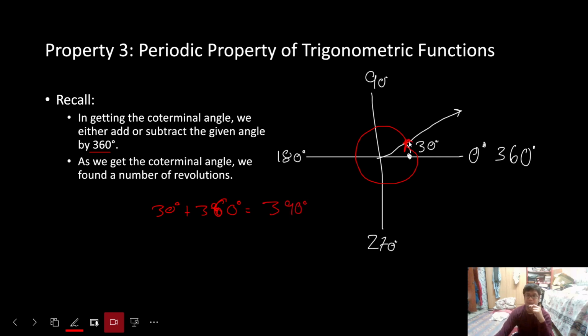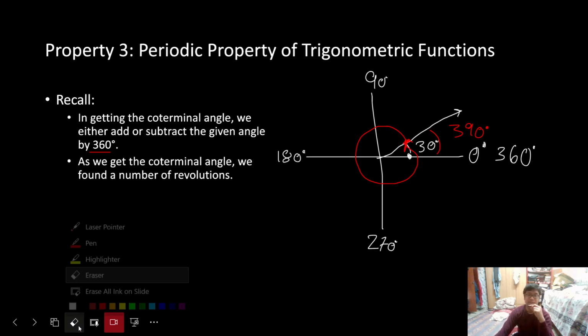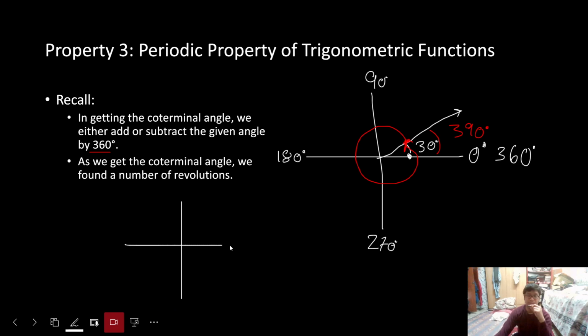So that means initially it's 30 degrees, then after one revolution, the angle here would be 390 degrees. As you can see, 390 degrees is actually on the second revolution, which is here. In the second revolution, assuming that we always start on the right side and rotate counterclockwise, we start at 360 degrees. Then going further, we will have 450 degrees. Going here, we will have 540 degrees.